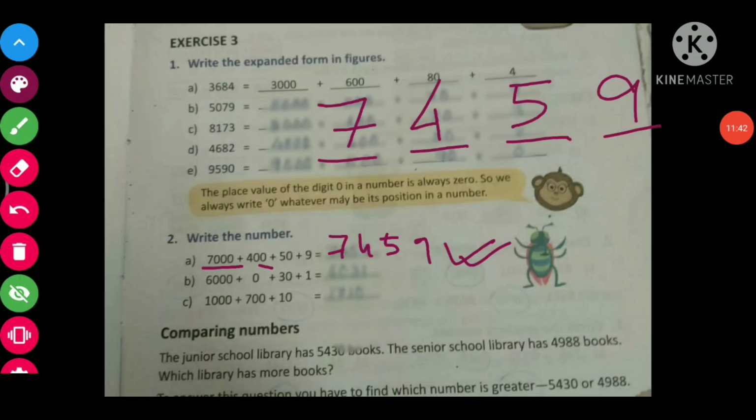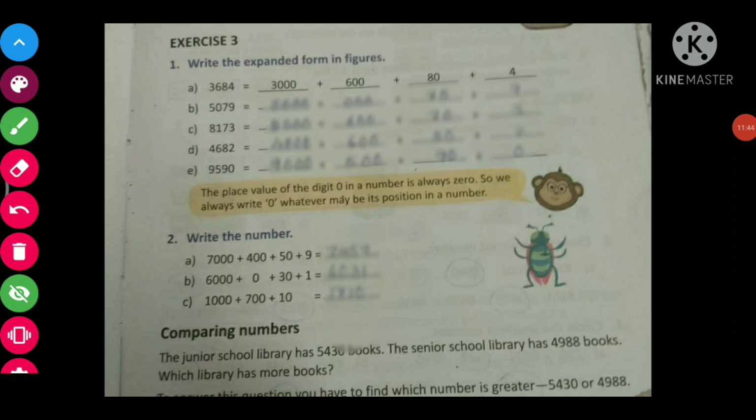So that's all for today. I hope you have understood about the expanded form, how we can write any number in its expanded form. In the next class we will discuss comparing quantities, how we can compare any numbers, which number will be the bigger one, greater one, which number will be the smaller one.